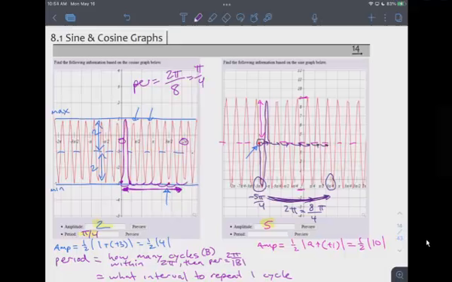Okay, so it took 7 cycles during the span of 2 pi. So when I find my period, it's going to be 2 pi over 7. And so that's my answer. Doesn't simplify any. But I found it was 7 cycles during the span of 2 pi. And that's what the period represents.